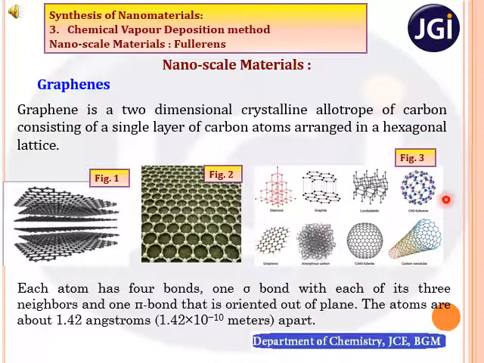Look at image 3. The first figure of image 3 is the arrangement of carbon atoms in diamond, and the second one is the arrangement of carbon atoms in graphite. Stacked layers of graphene are called graphite. Similarly, in the last class we discussed fullerenes. It is also an allotrope of carbon, but the arrangement is in a cage-like structure.